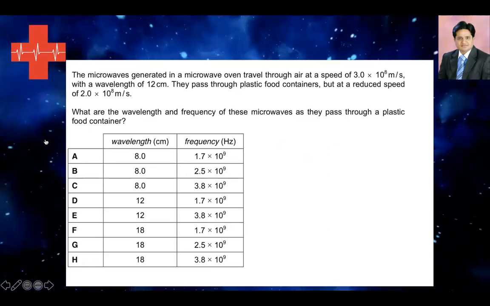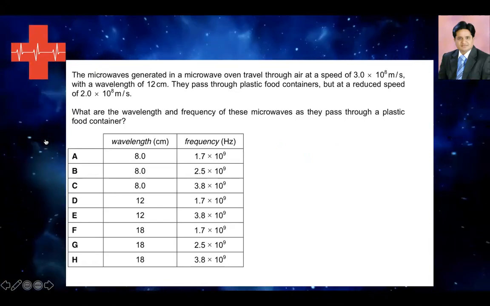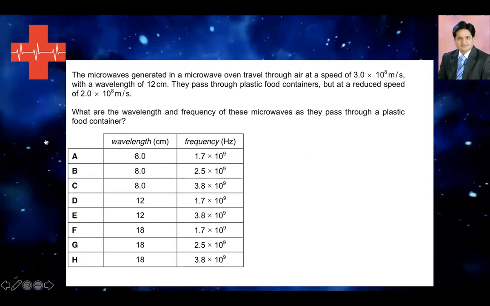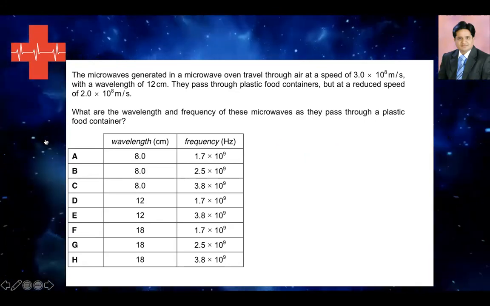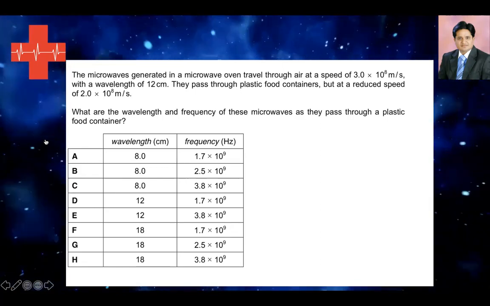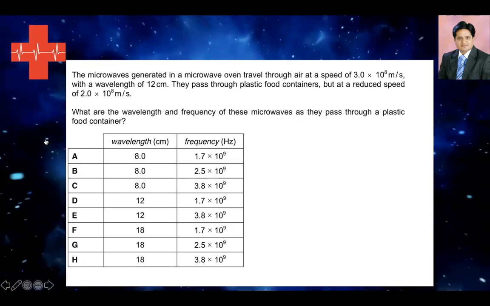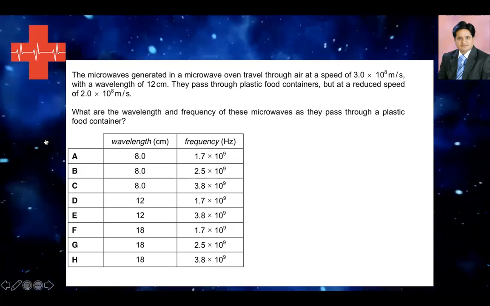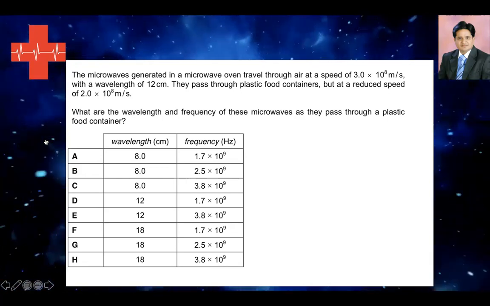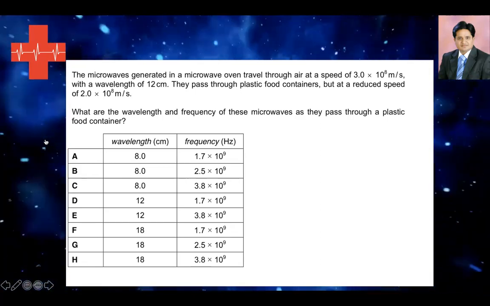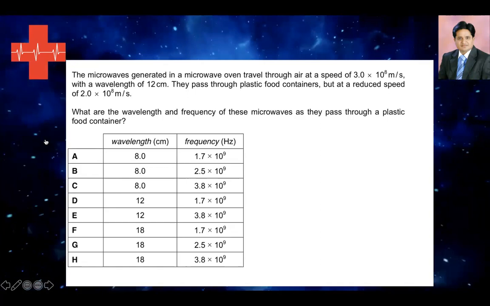The question says, the microwaves generated in a microwave oven travel through air at a speed of 3 times 10 raised to the power 8 meters per second with a wavelength of 12 centimeters. So the speed is given and the wavelength is given. They pass through plastic food containers, but at a reduced speed. Of course, you know that when waves pass through a denser medium, they slow down.